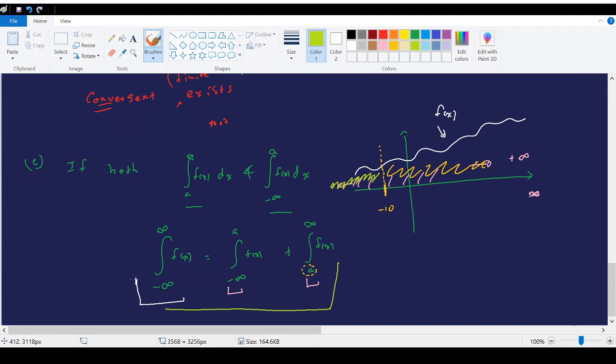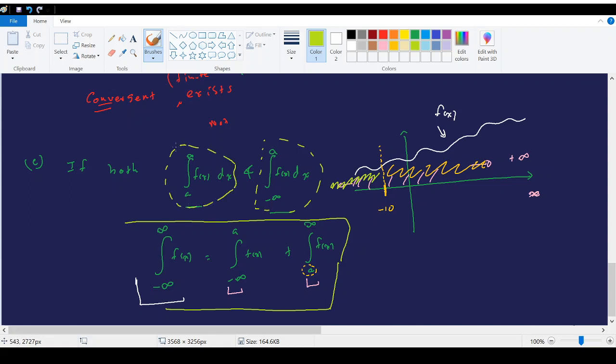The area throughout this region is the same as the area of the left hand side and the area from the right hand side starting from a random point. Okay, but for this equation to make sense, both these integrals should converge.